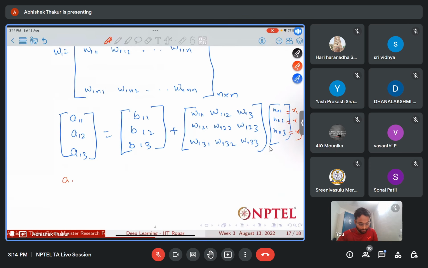So how can we write A11? That is equal to B11 plus the weighted sum. Got this point? Okay.